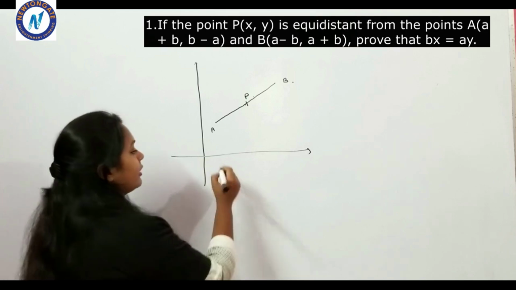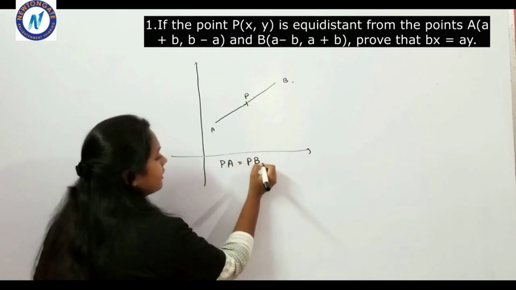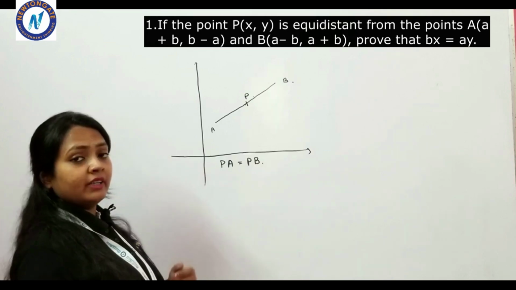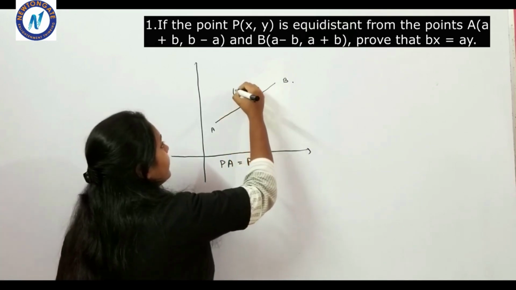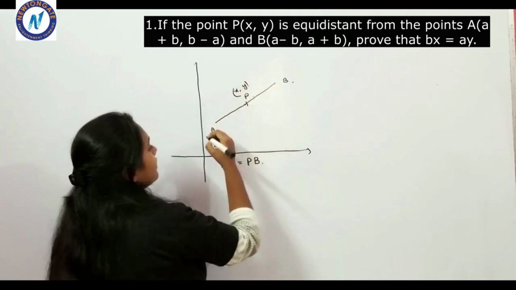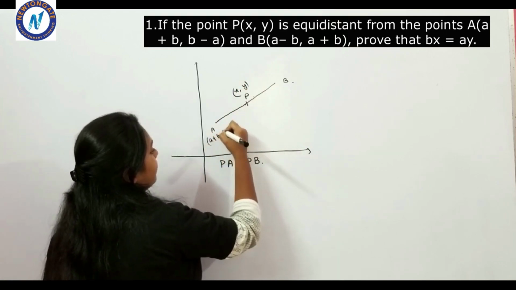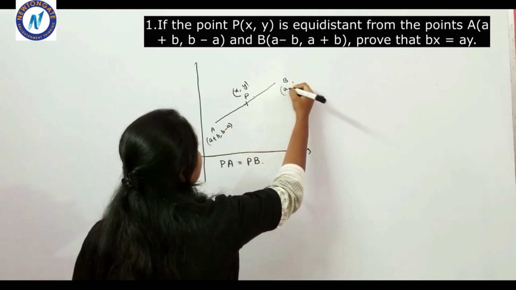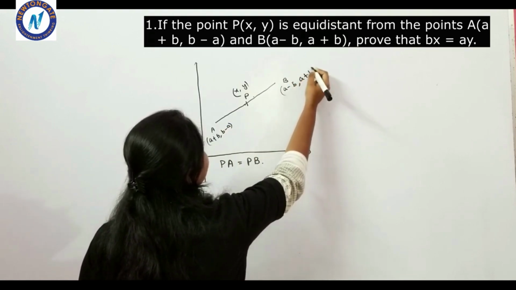According to the problem we write PA equals to PB. Now we will use the formula to find the distance between two points. The coordinate of P is (x, y), the coordinate of A is (a plus b, b minus a), and the coordinate of B is (a minus b, a plus b).